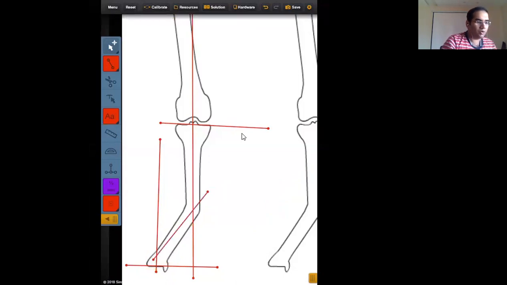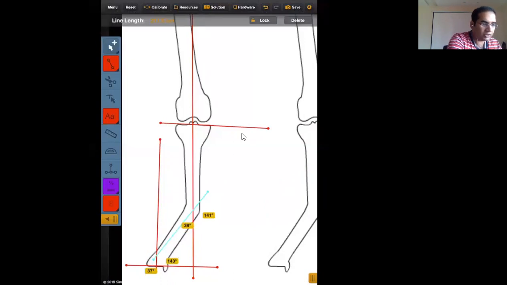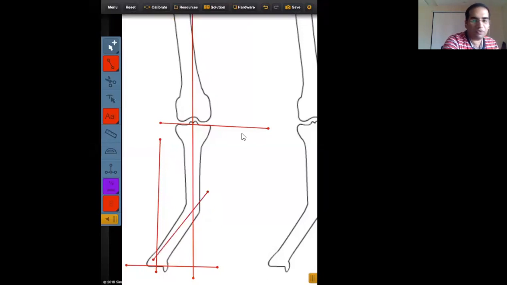Now, this has given us the CORA. Now, let us see what the magnitude is. Distally, the magnitude of deformity is 37 degrees and proximally it is 39 degrees. So now let us first correct the proximal deformity, then you will get a better understanding.